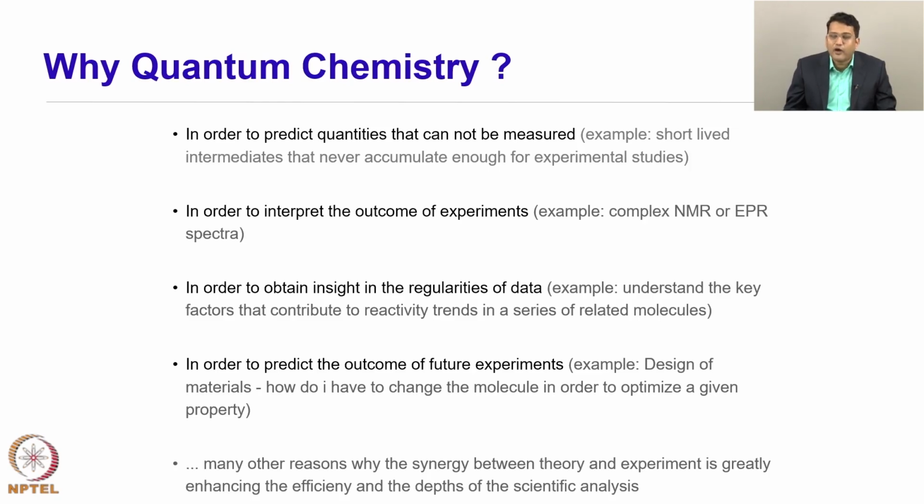We can predict the outcome of future experiments: how do I have to change the molecule in order to optimize a given property? There are many other reasons, and the synergy between theory and experiment is greatly enhancing the efficiency and the depth of the scientific analysis.